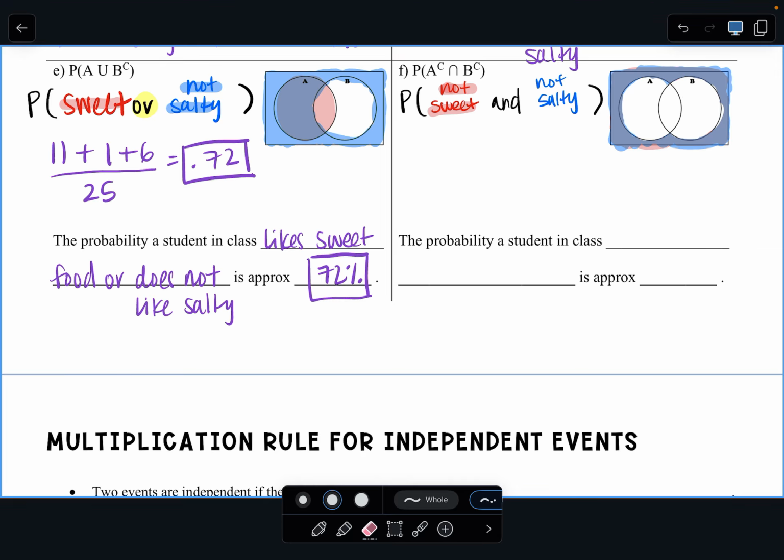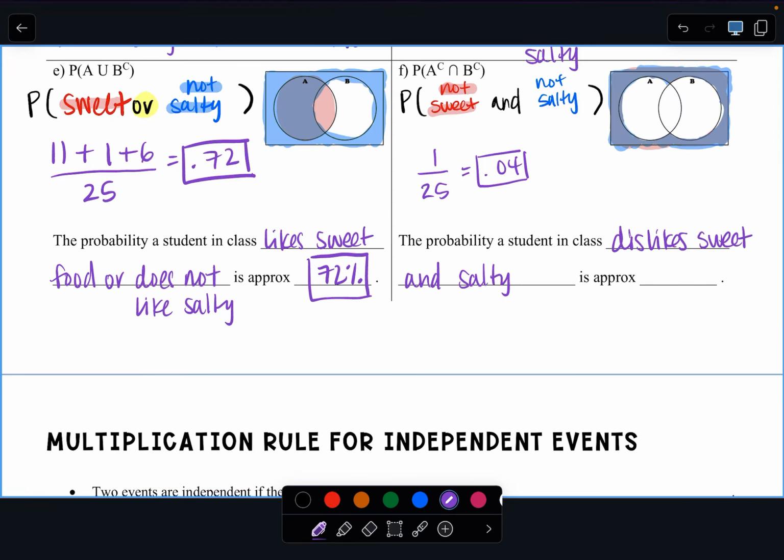And in these cases of ands, both things have to be true together. And so the only thing I'm going to have is that one person out of 25 who did not fall into either category. So the probability a student in class dislikes sweet and salty food is approximately 4%.